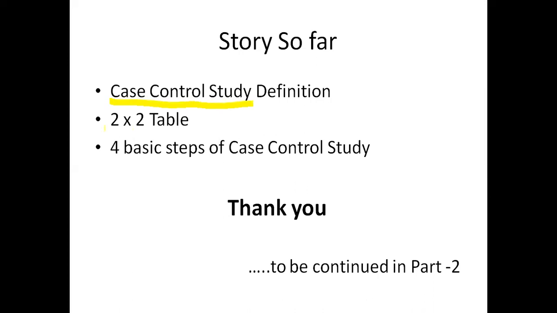We had seen the 2 by 2 table, and we had seen the 4 basic steps of case control study, which were selection of cases and controls, matching, the overall conduct of study or the process of data collection named as measurement of exposure, and the analysis and interpretation, which included the various steps of analysis. That was measurement of exposure rates, that included estimation of risk, and also calculation of the favorite terminology, that is the odds ratio or the cross product ratio.